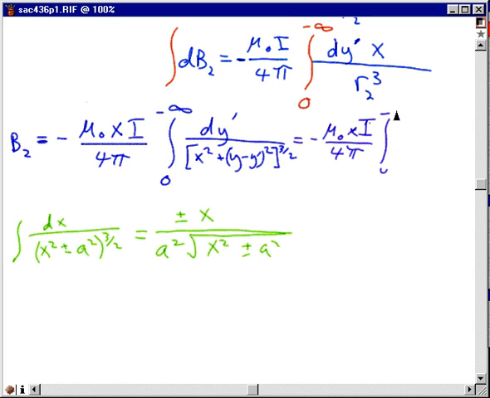That'll be the integral from 0 to minus infinity of dy prime divided by, I'll write just that stuff inside in the denominator in the opposite order, y squared plus x squared, all to the 3/2.